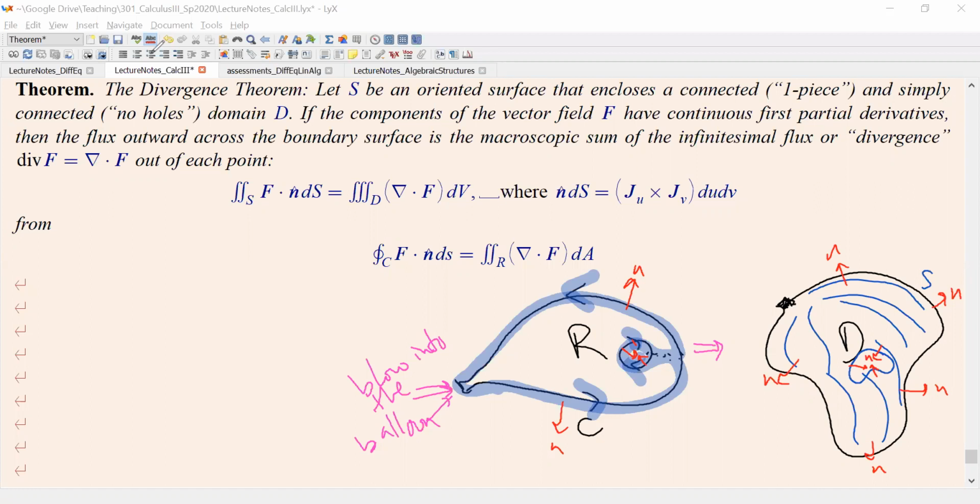Then the flux outward across the surface, aligned with the normal vectors, is the macroscopic, or net, version of the infinitesimal fluxes outward from little bubbles around every point, which we call the divergence at that point, computed by the dot product of our del operator and our vector field.